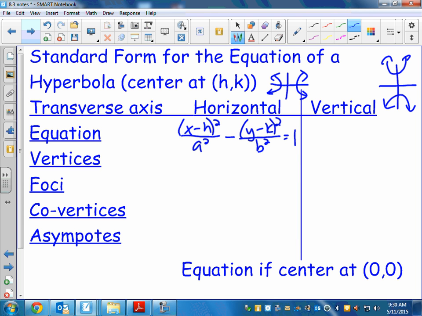Something else to notice is remember that A isn't always the biggest number, but A is the positive one if it's going horizontal, which means if it's going vertical, Y is going to be the positive one. So that would be (y minus k) squared over a squared minus (x minus h) squared over b squared.